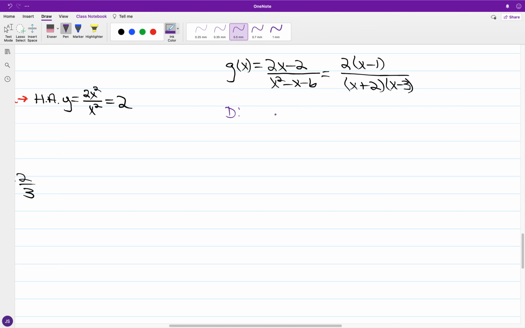And technically the domain, I didn't go through the round of what x cannot be, but technically x cannot be negative 2 or 3. Again, the denominator factors remain.